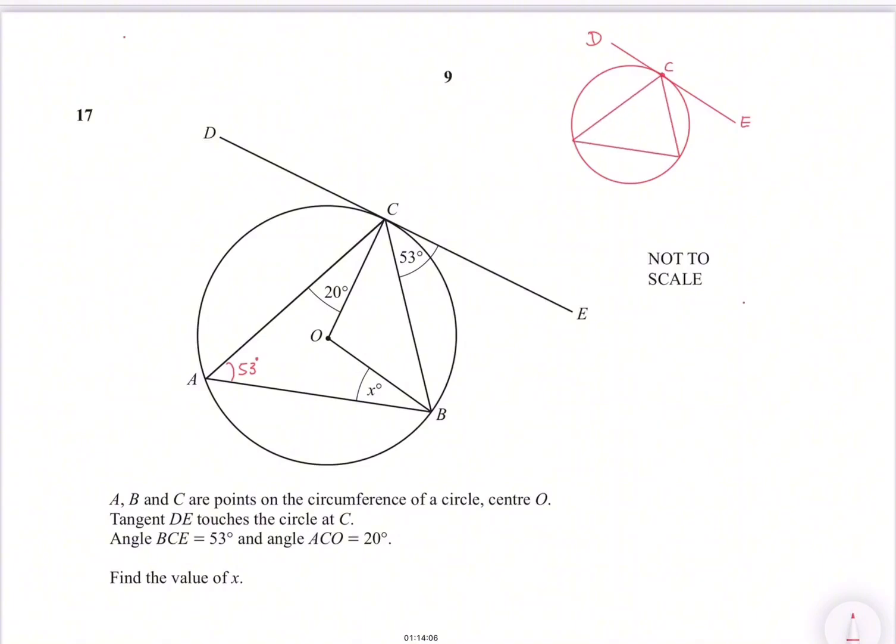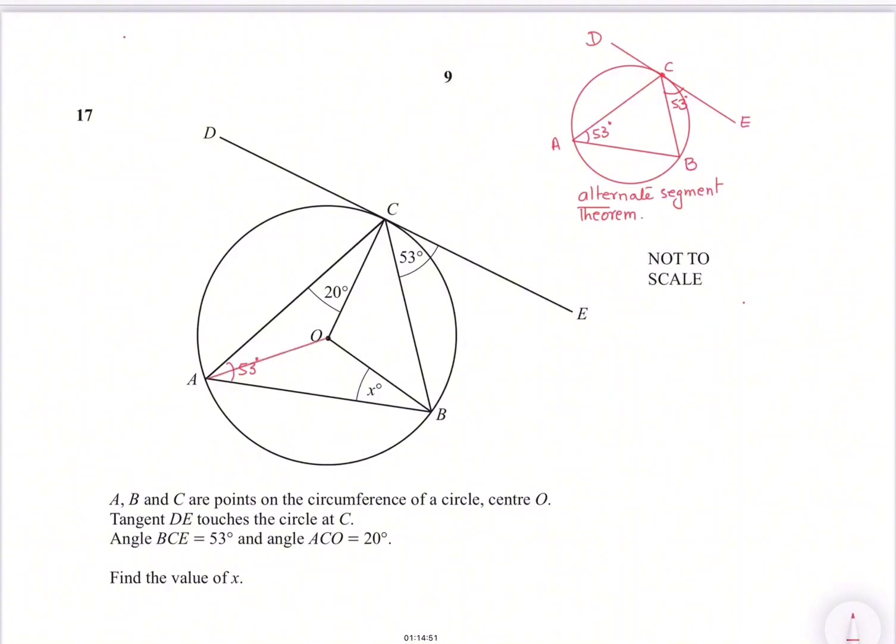So if I write the angle here as 53, then inside the triangle, on the circumference at A, the angle would also be 53. This is known as the alternate segment theorem.